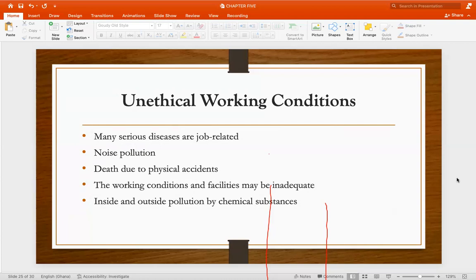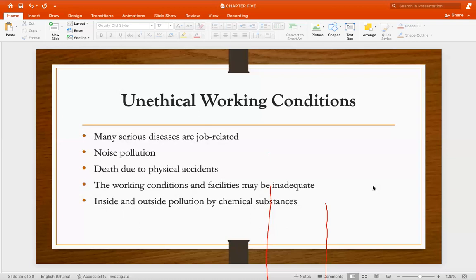Do you give them the requisite gear to protect their eardrums? Death due to physical accidents. And all these things do happen just because people engage in unethical working conditions. The safety gear, the things that they're supposed to provide, they tend to close their eyes on them, or they tend to turn a blind eye on those issues. So they end up giving problems or affecting the health of the personnel.